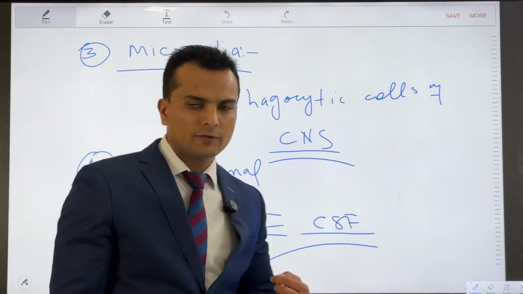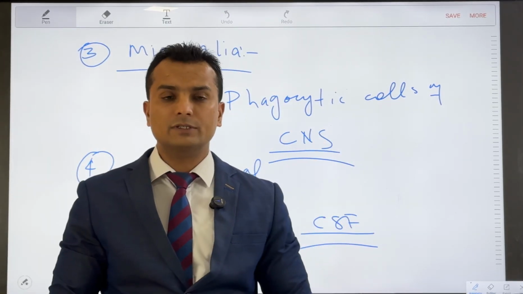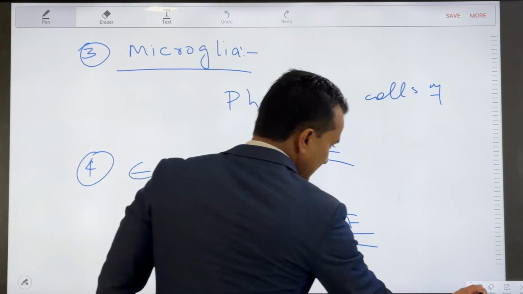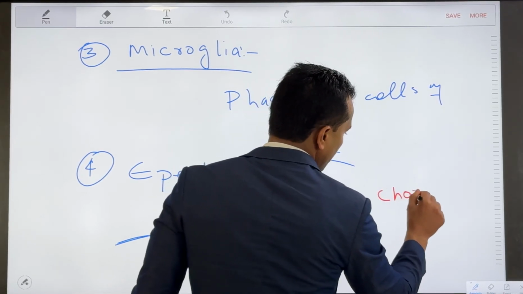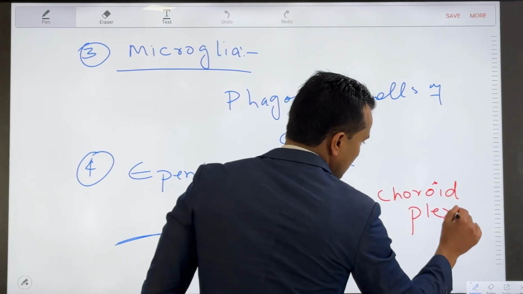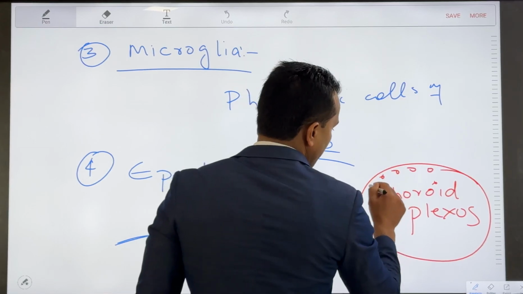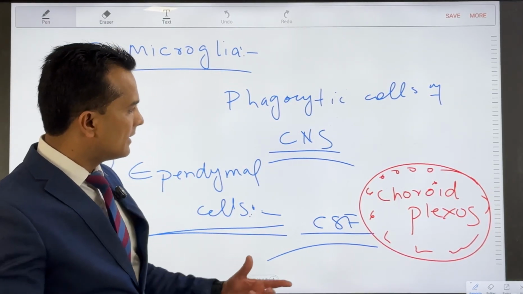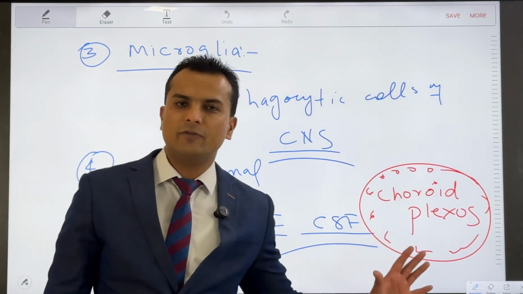The cerebrospinal fluid, which is present in your ventricular system, central canal and subarachnoid space, is produced by a specialized type of ependymal cells called the choroid plexus. The choroid plexus is a network of rich capillaries present in your lateral ventricles and fourth ventricle, which helps in production of CSF.